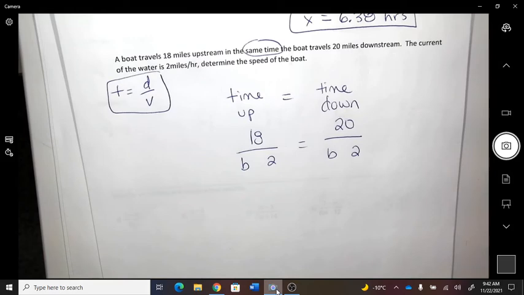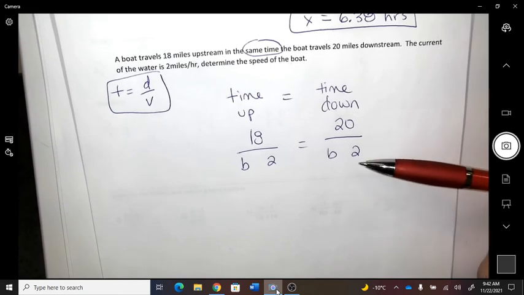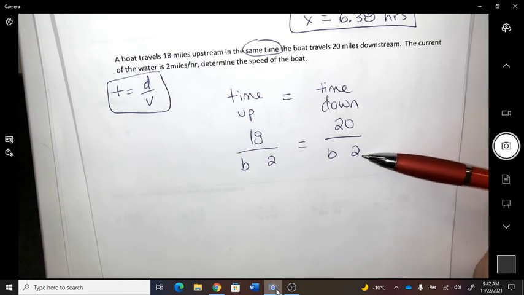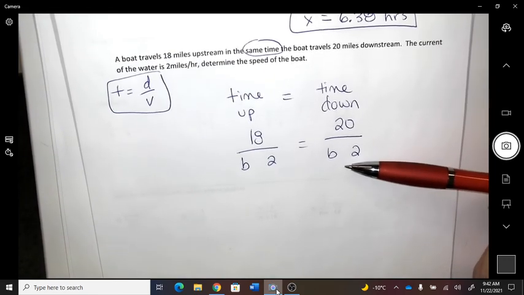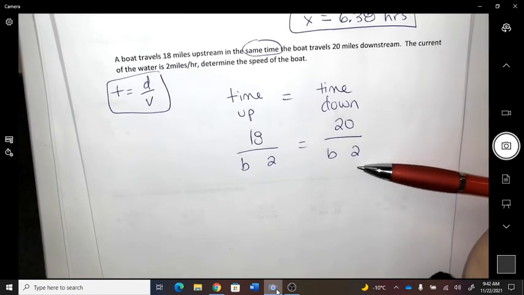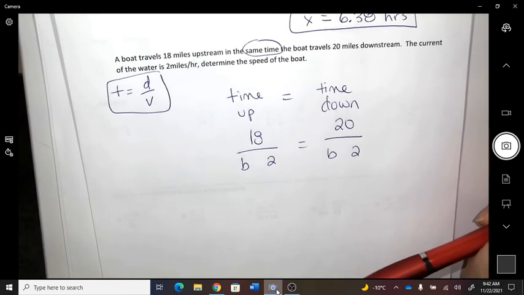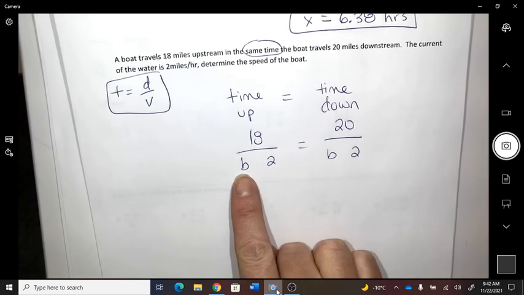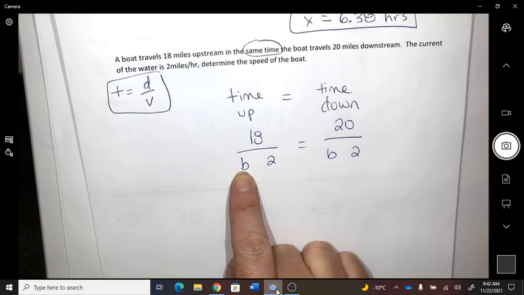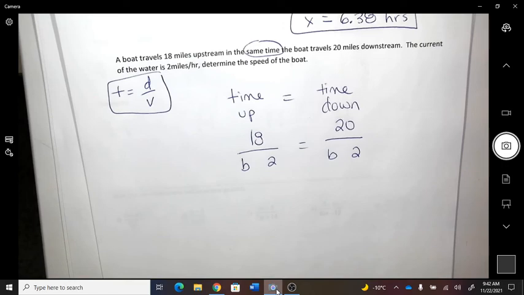I have to decide if I'm going to add or subtract. So on these questions, by the way, sometimes I might give you the boat speed and you find the water speed, or sometimes I might give you the water speed and you find the boat speed. Okay, you can go both ways, right? Sometimes you might have, let's say, 40 plus x, or whatever, right?